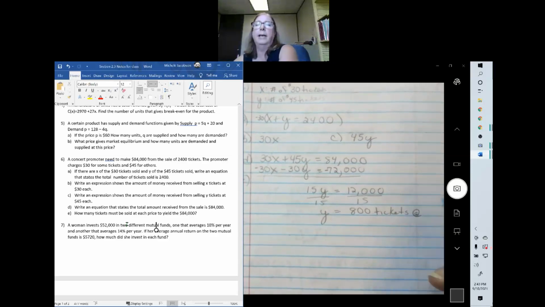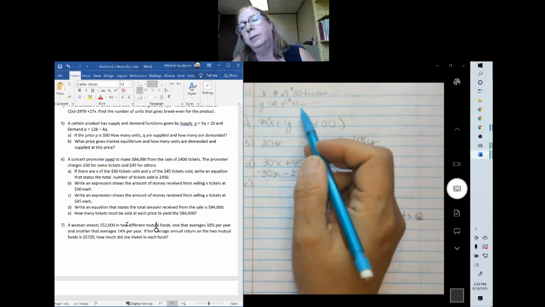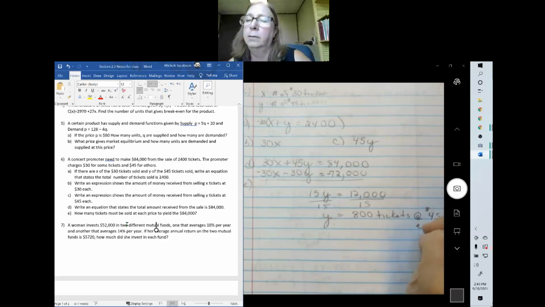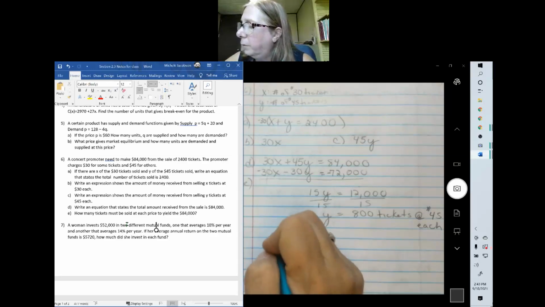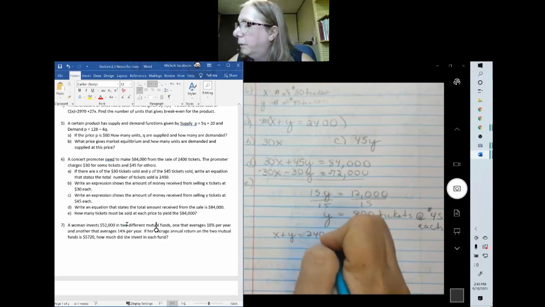So we're selling 800 tickets at, go back up here, y is the $45 tickets. So at $45 each. But we still need to find the $30 tickets. We know that x plus y is 2400.